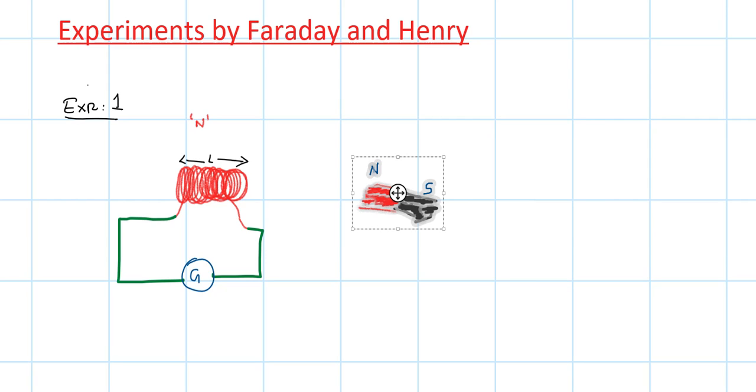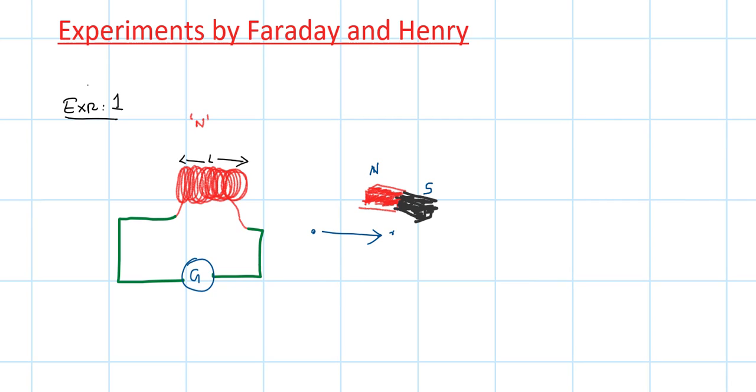When we move our magnet from here to over here, the number of magnetic field lines that pass through the coil changes, or the magnetic field inside this coil has changed.